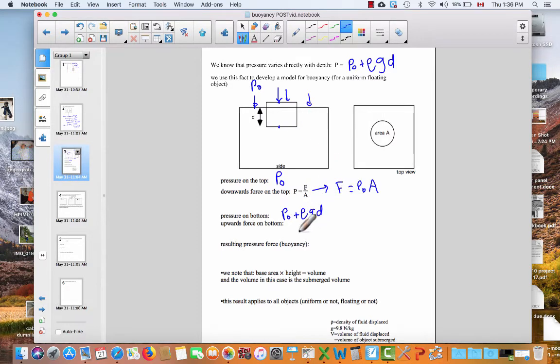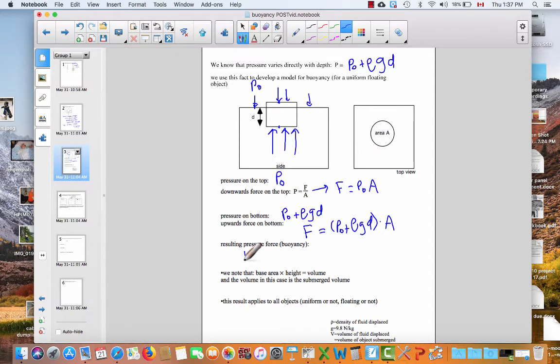And so the force on the bottom, which is directed upwards, we just said it's going to be greater than the downwards pressure force on the top. It's the pressure times the area. So we sub in the expression for the pressure and multiply by the area. And so the resultant of these two is the buoyant force.